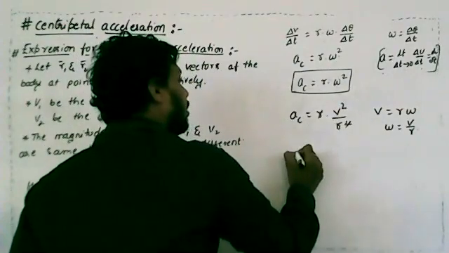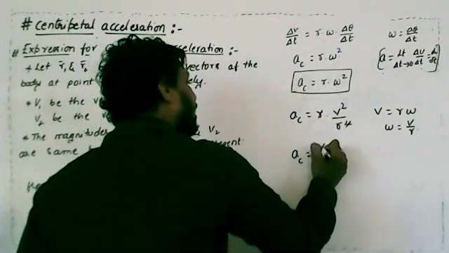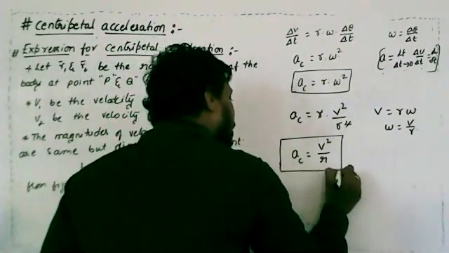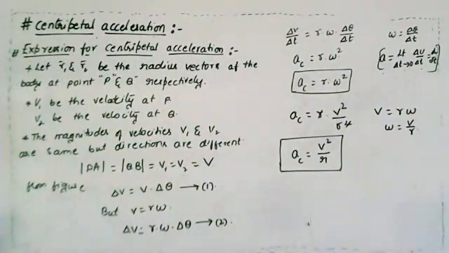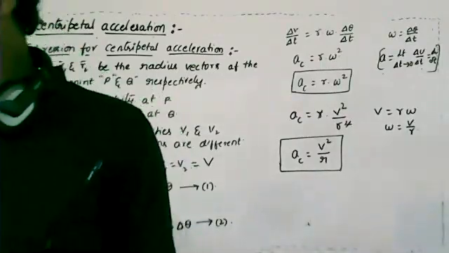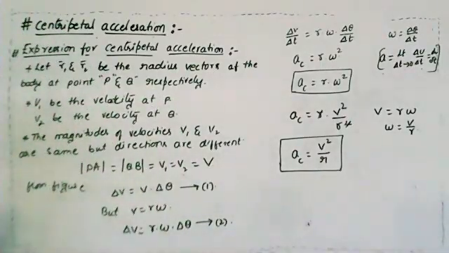Now cancel R and R, then centripetal acceleration A is equal to V square by R. So this is also the expression for centripetal acceleration. Clear? So this is also the expression for what? Centripetal acceleration. Or this is also called as radial acceleration.